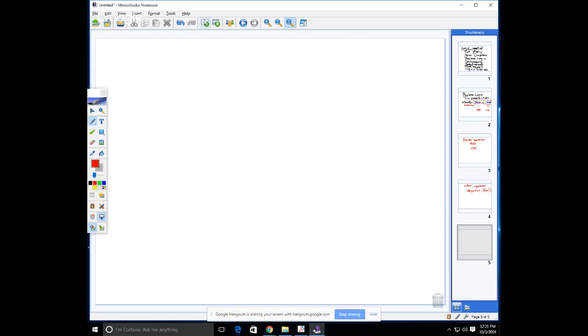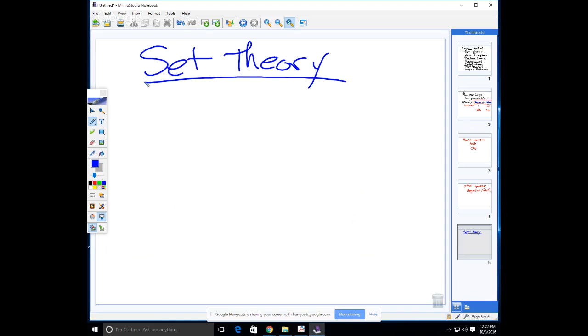Next, let's see. So we'll start applying those. Let's do a little bit of set theory, and we can apply the Boolean stuff. So set theory applies a lot to logic. We can use it to analyze it.